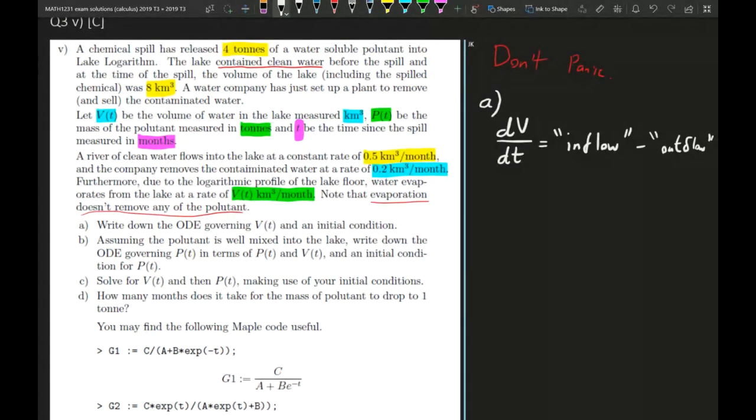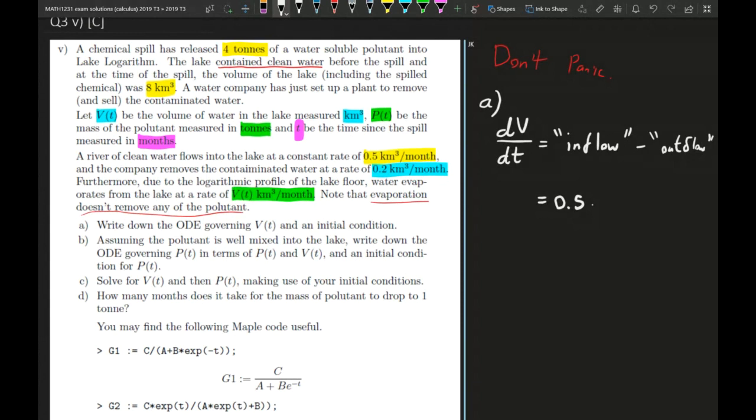Now there's only one inflow term here. There's only the river coming in. So the river flows in at 0.5 kilometers cubed per month. And T is measured in months and V is measured in kilometers cubed, so those units are nice.